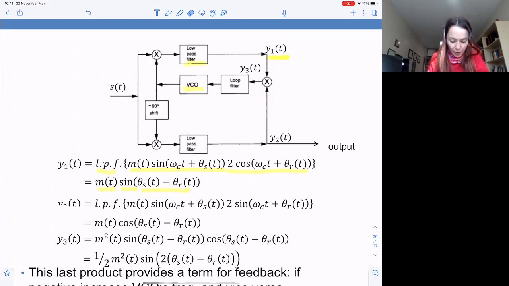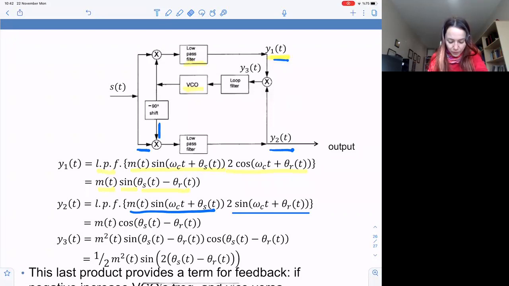How about Y2 of t? Y2 of t is the output of the demodulator. Take S and multiply it by the sine generated by the 90 degree minus 90 degree phase shifter from the VCO output.